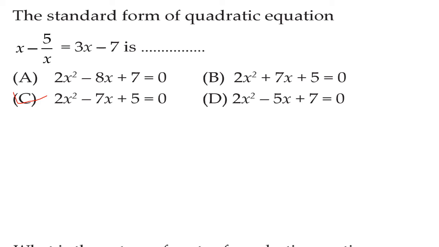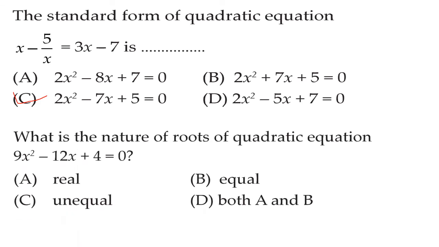Let's go ahead now. What is the nature of roots of quadratic equation 9x square minus 12x plus 4 is equal to 0? Now since you have to find out the nature of the roots, that means you have to find out discriminant delta, that is b square minus 4ac, and from that you are going to decide the nature. Okay, so here a is 9, b is minus 12 and c is 4.